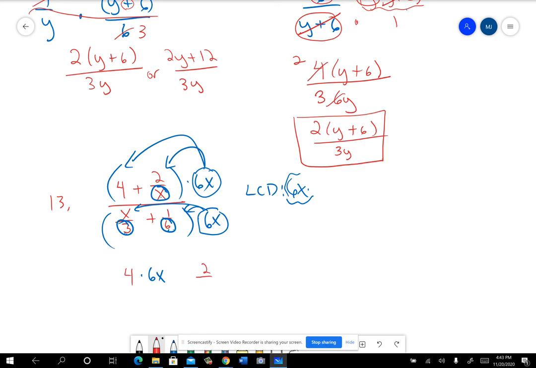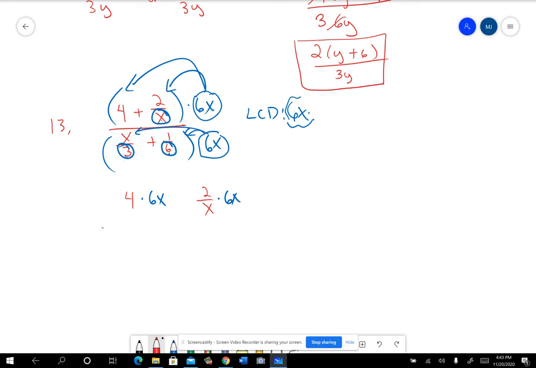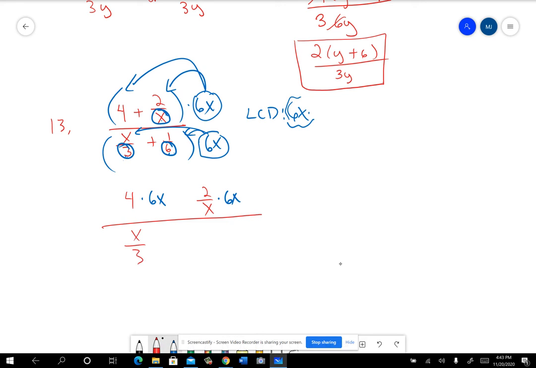We had the 2 over x, but we have to multiply it by 6x. Then down here, we had the x over 3. We're going to multiply it by 6x. And then we had the 1 over 6 being multiplied by 6x. So this is a plus, and this is a plus. That's what those were.